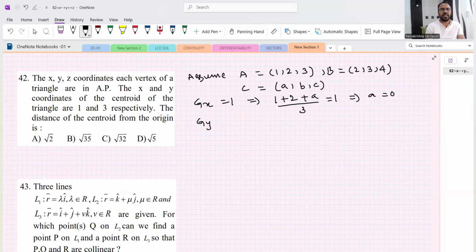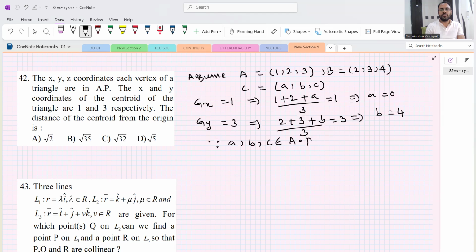The centroid y coordinate is equal to 3, nothing but (2 plus 3 plus b) by 3 equal to 3, which implies b equals 4. Since a, b, c belong to an AP, therefore the c value must be 8.